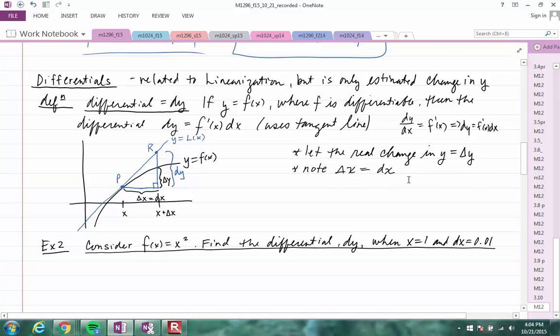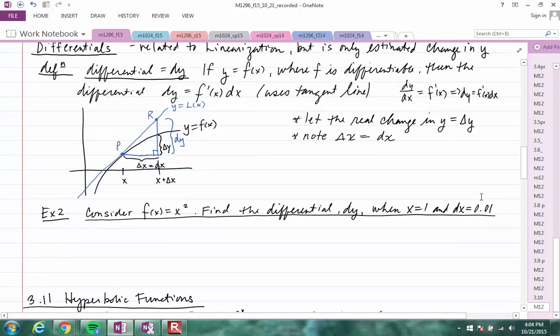So the delta x and the dx are the same. The real change in y is denoted as delta y, and the approximate change in y, dy, is the differential, and that will be different than delta y.